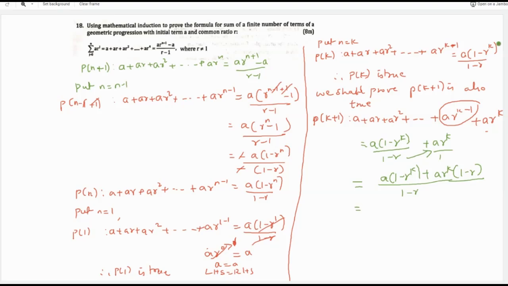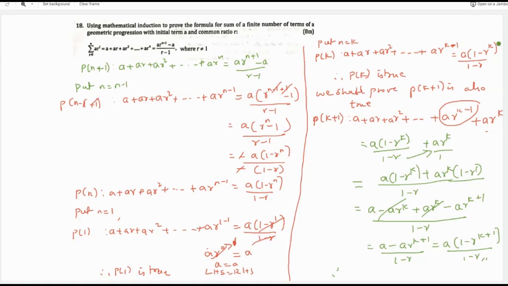So removing the bracket we get a into 1 is a, minus a into r power k, plus a r power k into 1 is a r power k, minus a r power k plus 1, divided by 1 minus r. Here this and this get cancelled, we get a minus a r power k plus 1 divided by 1 minus r. Taking a as common, we get a into 1 minus r power k plus 1 divided by 1 minus r.